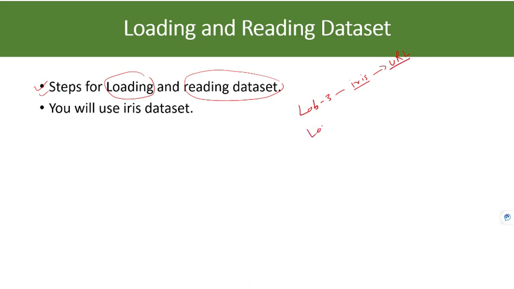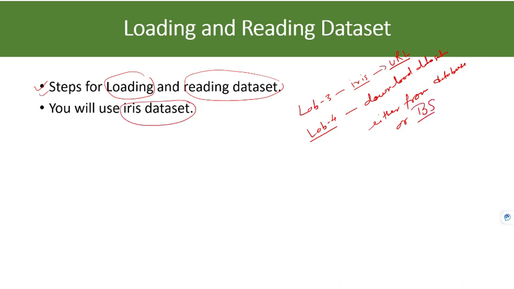This week, in lab 4, the aim is that you should download the dataset either from a publicly available database, or I have already uploaded it. This iris dataset is already available in Brightspace, so you can use the Brightspace link to download the dataset.